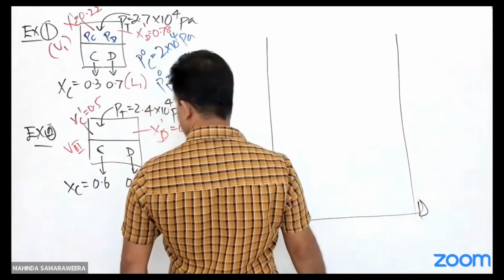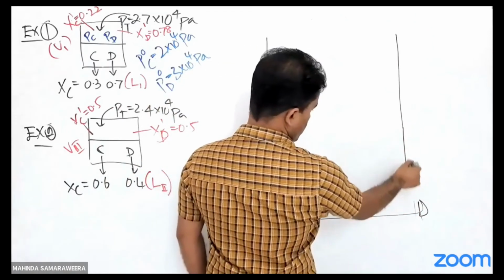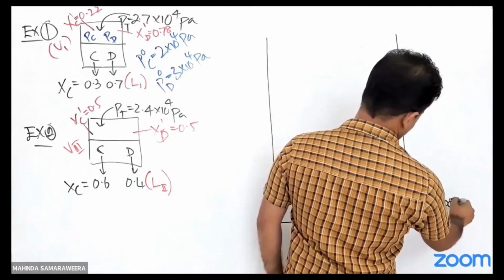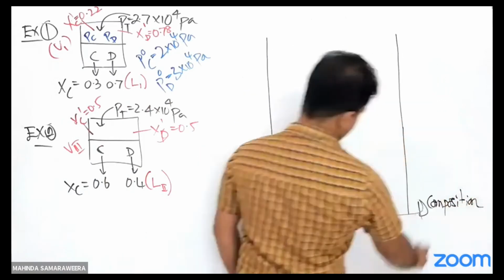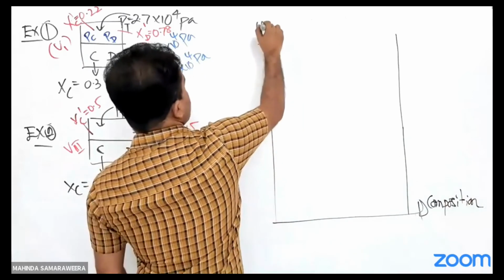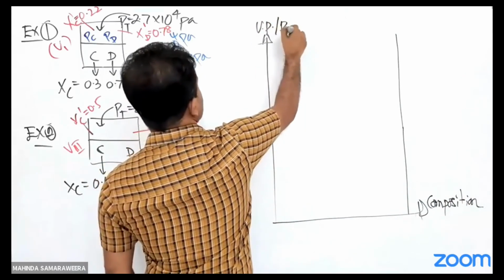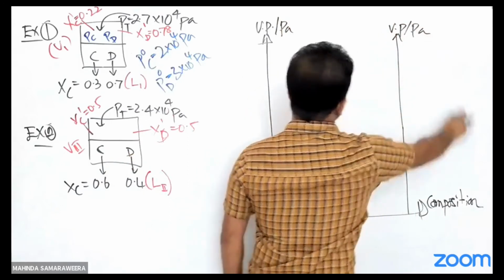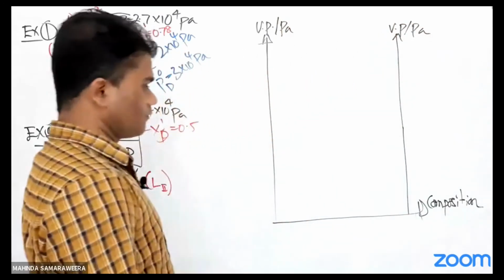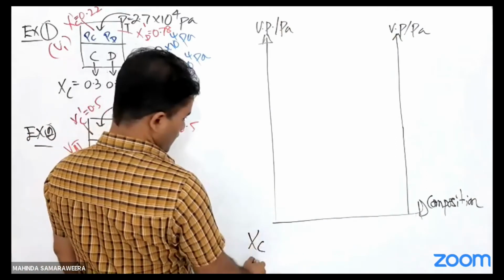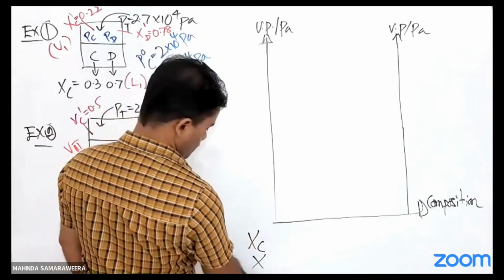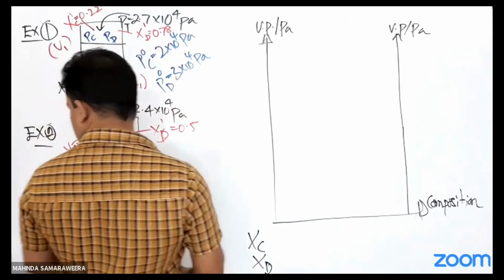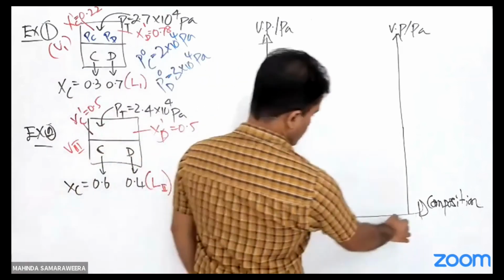Once you are asked to draw it, you have to label all the axes. This is composition. This should be vapor pressure in Pascal. Everything should be labeled. This is XC and XD. I take XC this side 0, this side 1.